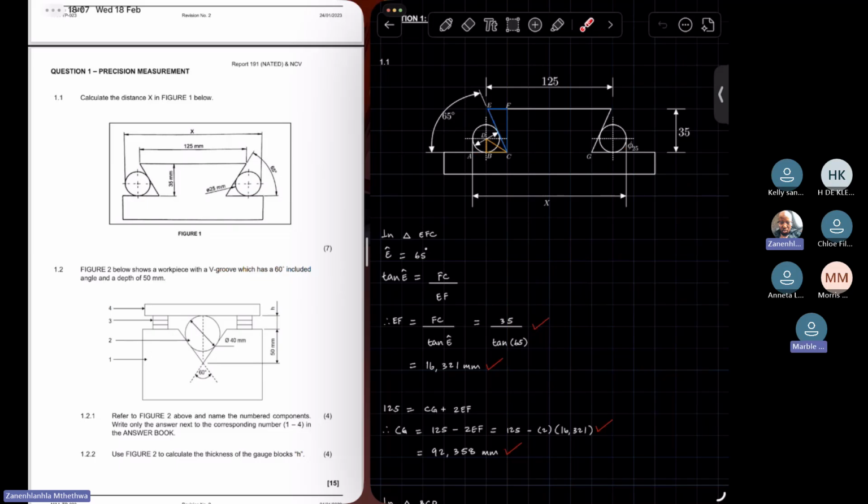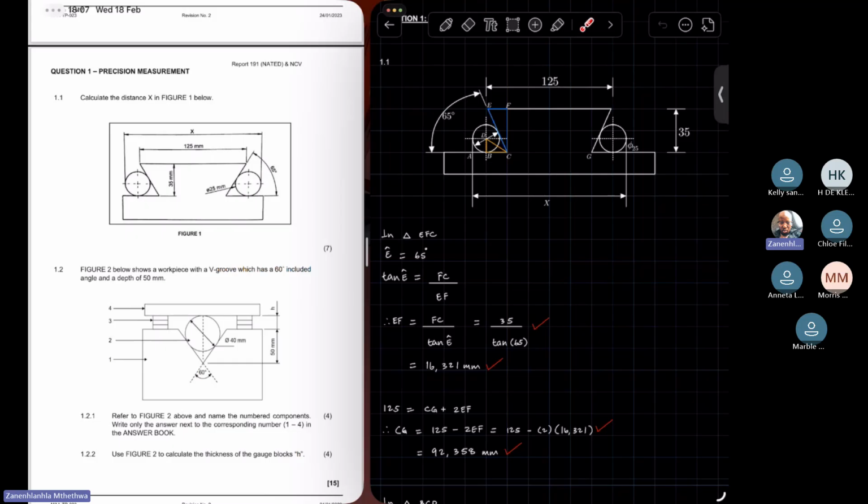Right. By now you should know that, if you took your time trying to understand precision measurement. So that is to say that in order to get x, we need to have this distance, which we already have. If you look at what this distance is equal to, it is equal to the radius of the roller. And here we've been given the diameter, which essentially gives us the radius.